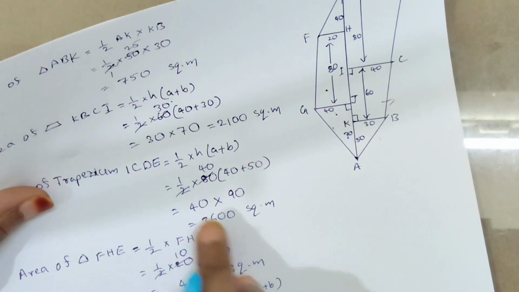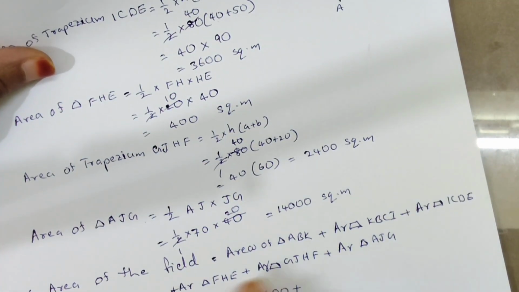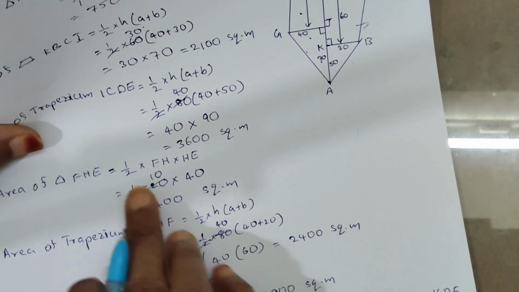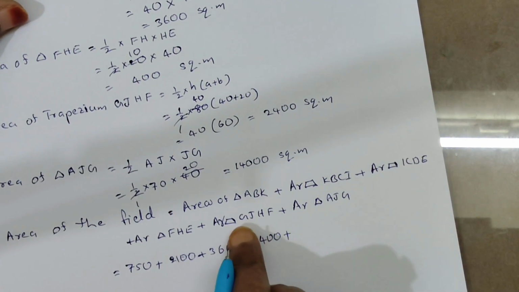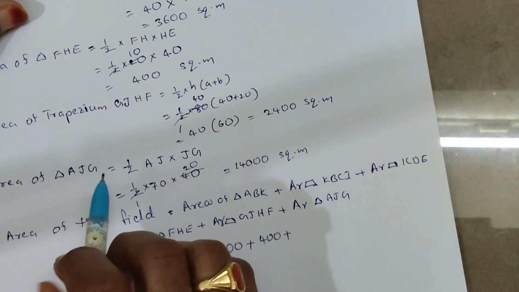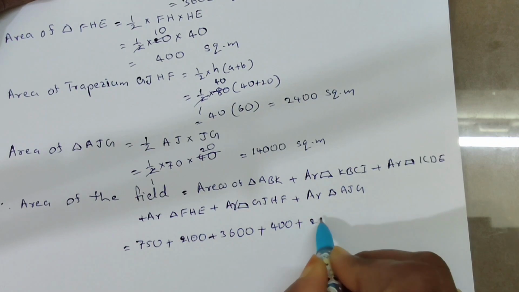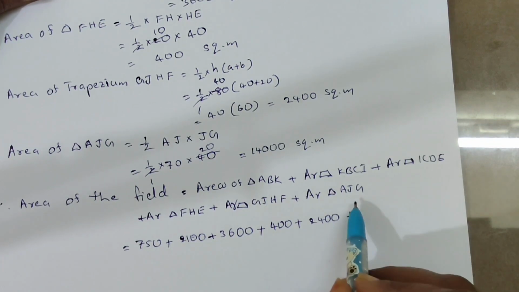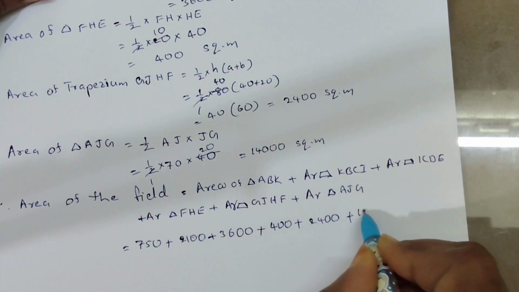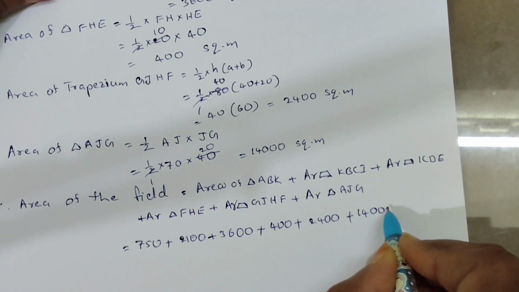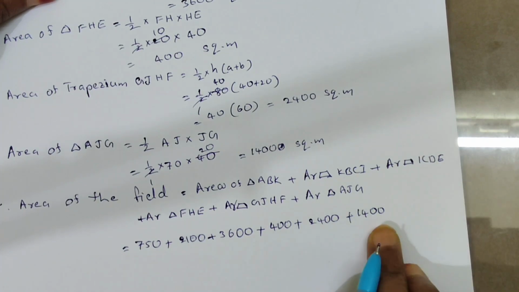Here ICDE area is equal to 3600, plus FHE equal to 400, plus GJHF is equal to 2400, plus AJG is equal to 1400. So add these numbers.